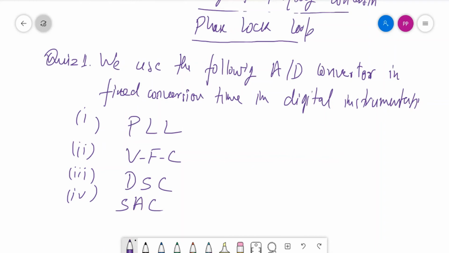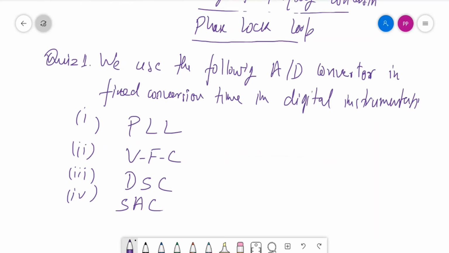So friends, as we learned, the analog to digital converters are of two types in our scope, that is the dual slope converter and the successive approximation converter.